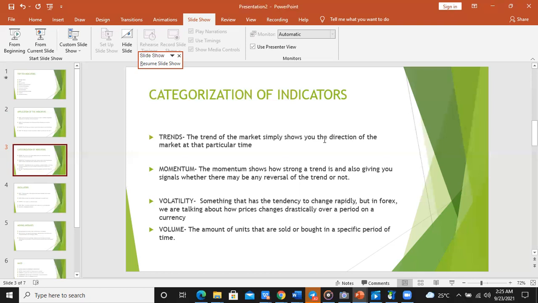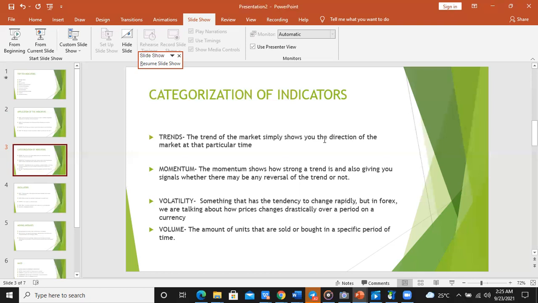But in Forex, we are talking about how prices change drastically over a period on a currency or on an asset. So there are indicators that will help you to know whether where this price has reached, it will fluctuate rapidly, instantly, or maybe it's coming down, it has to reverse and all those things.